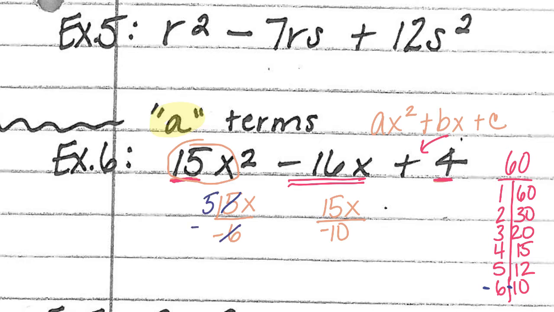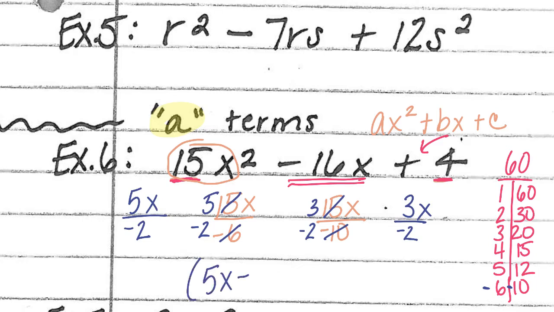And this one I could reduce by 3. This one I could reduce by 5 and 5. And so now, I'm going to write that over to the side. I have 5x over a negative 2, and I have 3x over a negative 2. So the only reason we put it in fraction form is to reduce. So now I'm going to take it as 5x minus 2 and 3x minus 2.